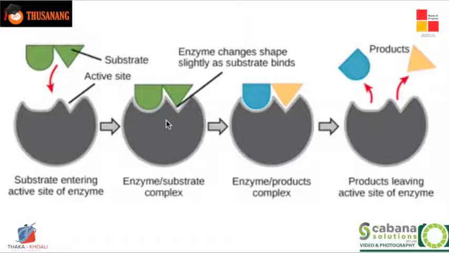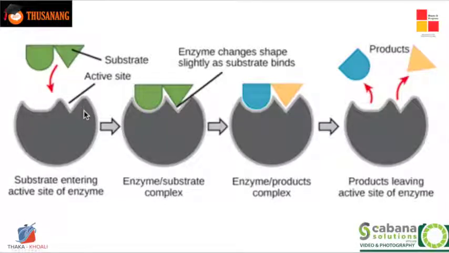So basically that is how we explain the lock and key hypothesis, saying it is by virtue of the active site of an enzyme having a peculiar shape that will bind to a specific substrate to form an enzyme substrate complex. And what can change that shape of the active site is temperature that may be higher or lower than the optimal temperature of that enzyme, or pH that may be higher or lower than the optimal pH of that enzyme.